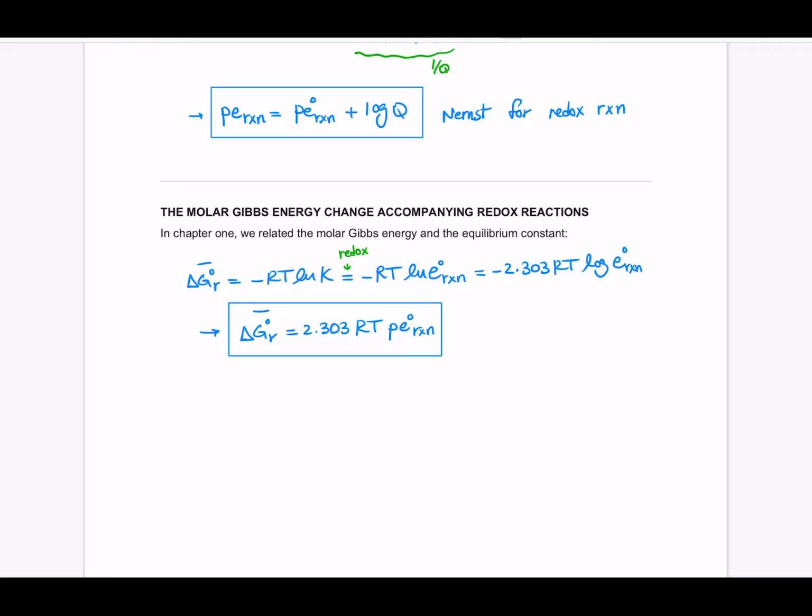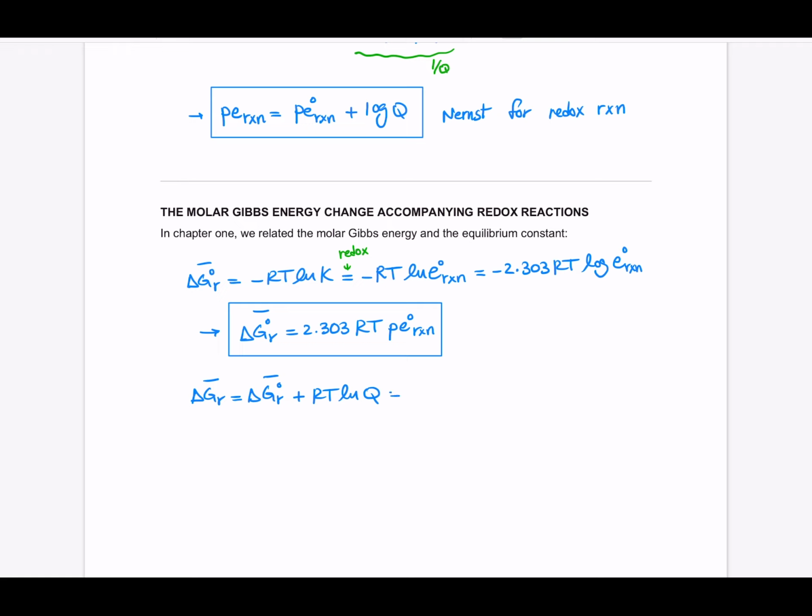It's temperature dependent as we had in chapter 1. But now we can do delta G also for a given reaction at non-standard condition, like what we had before. So we had delta G of reaction at non-standard condition to be delta G0 of reaction plus RT ln Q. That's what we had before.